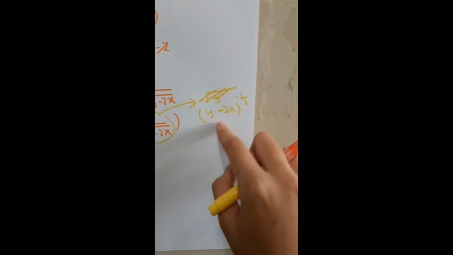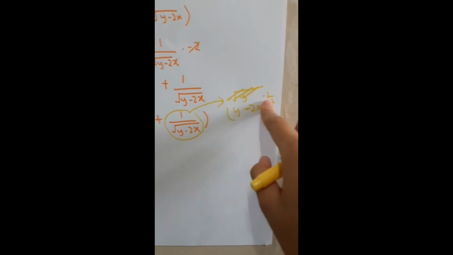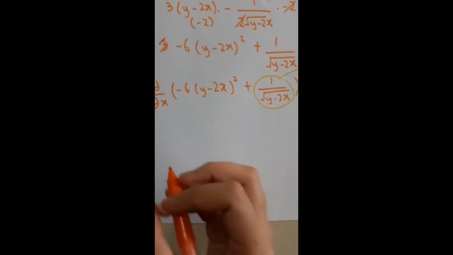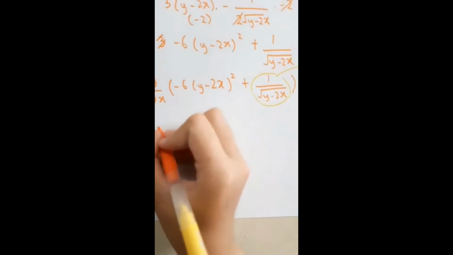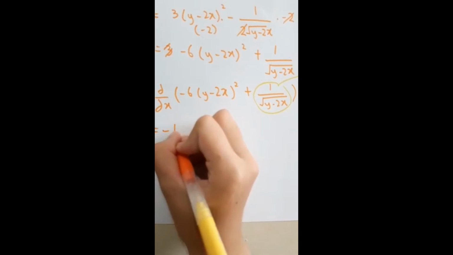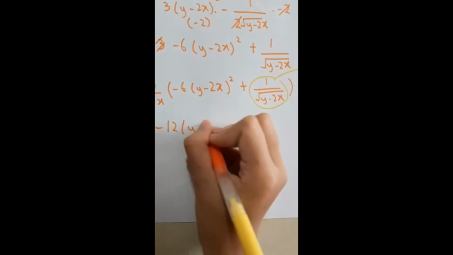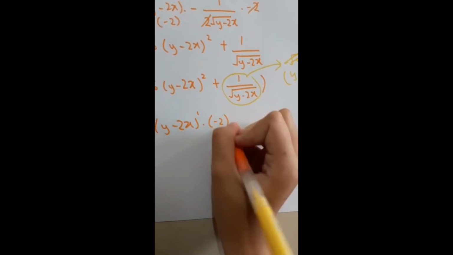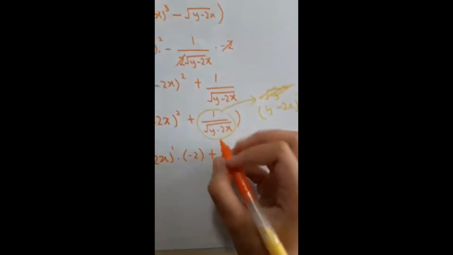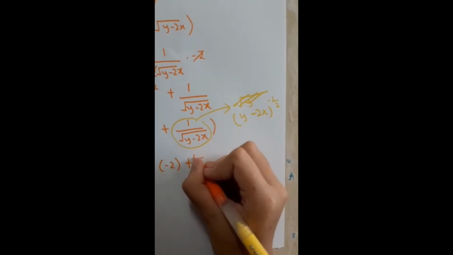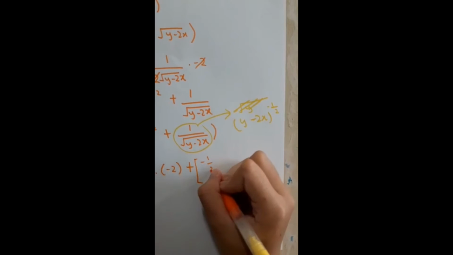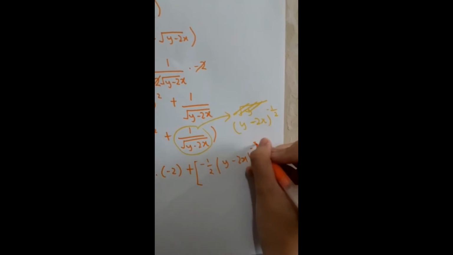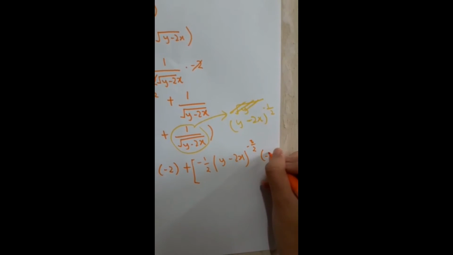It becomes (y minus 2x) to the power of negative half. Okay, so let's get started. Differentiate again. So it will become negative 12(y minus 2x) to the power of 1 times negative 2, plus negative 1 over 2 (y minus 2x) to the power of negative 3 over 2 times negative 2.